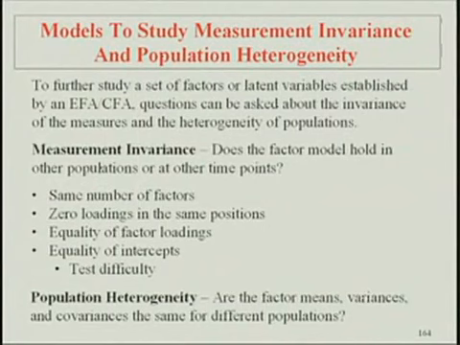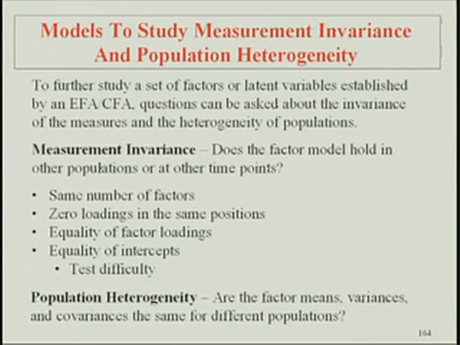You want to further study a set of factors or latent variables established by EFA and CFA by asking questions about the invariance of the measures as well as heterogeneity of populations. So we're going to ask for measurement invariance. Does the factor model hold in other populations than the sample you came from, or at other time points?